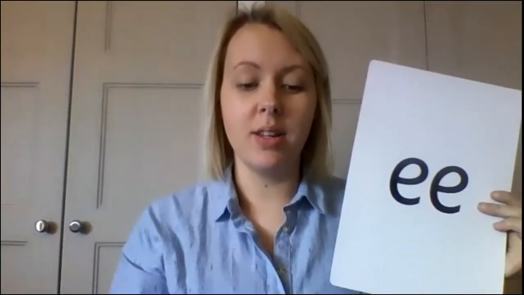My rhyming word starts with this E sound. Okay, I'm going to write it down. Last few seconds if you haven't paused the video. Trees and breaking branches with E. Are you ready?